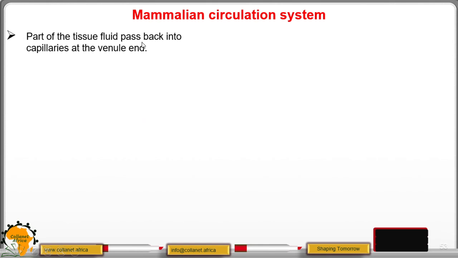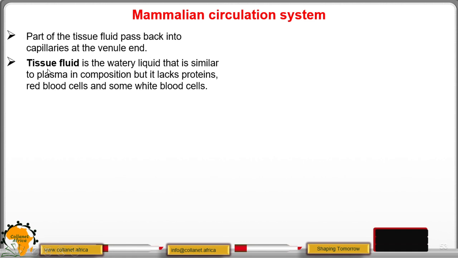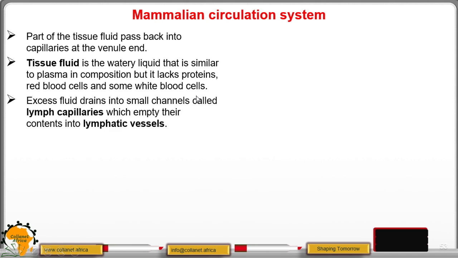Part of the tissue fluid passes back into the capillaries at the venule end. The tissue fluid is a watery liquid similar to plasma in composition, but has no proteins, red blood cells, and some white blood cells.